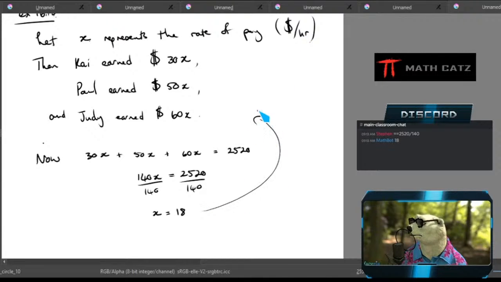Go up here and then say, oh, this is then 30 times 18, 50 times 18, 60 times 18. Because I don't want a calculation in my concluding sentence. So I can say 30 times 18, which will be $540.